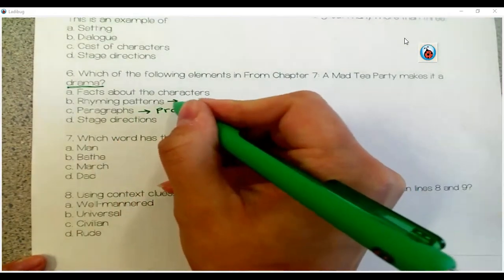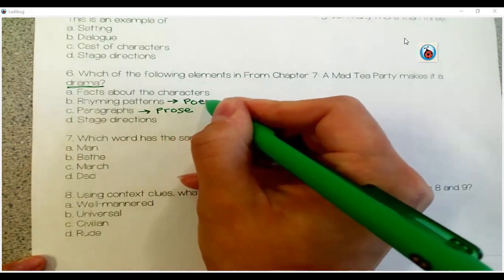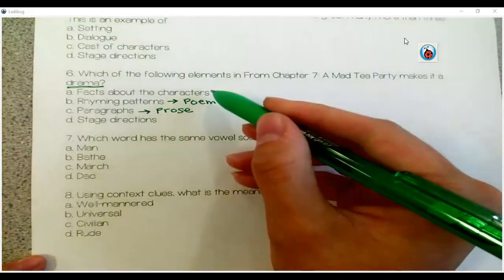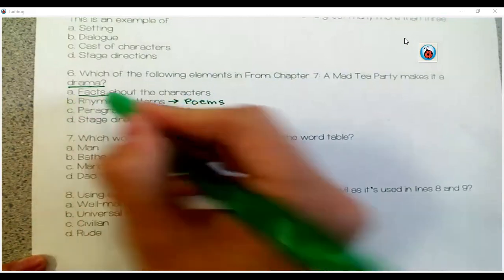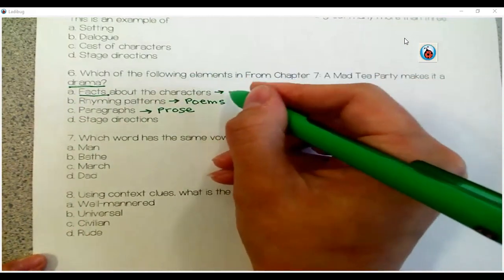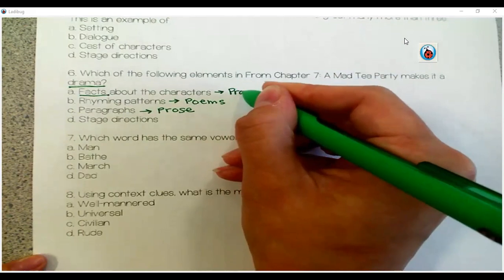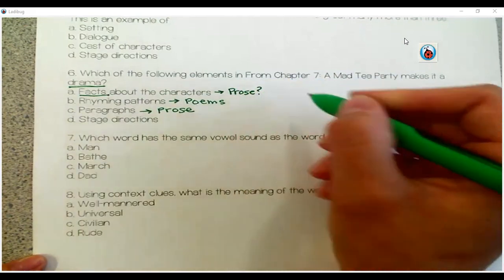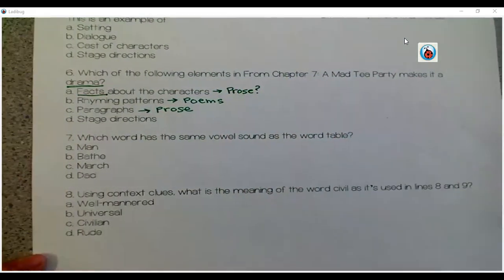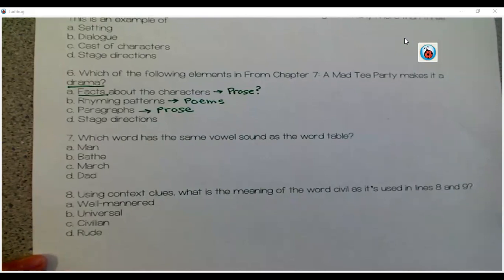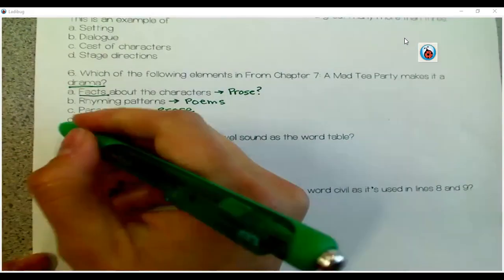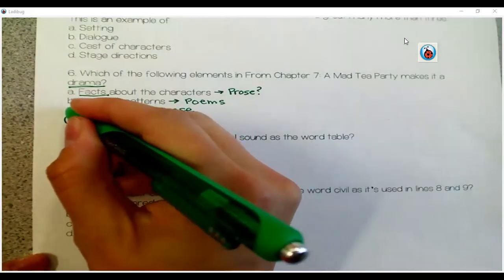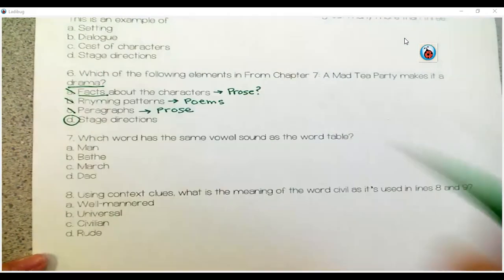Rhyming patterns are poems. Facts about the character, well, facts makes me think prose because it makes me think, is it nonfiction or am I getting background information? The only thing here that can be an element of drama is D, stage directions. The rest of these things are found in other types of writing.